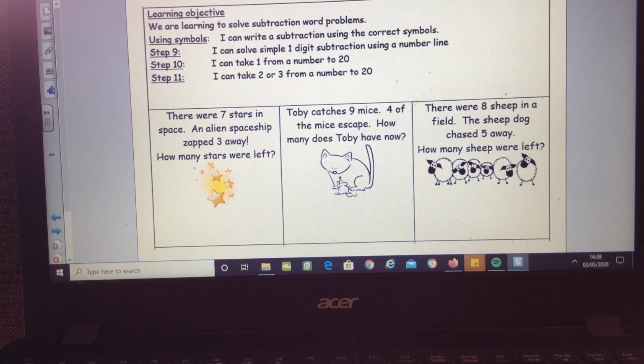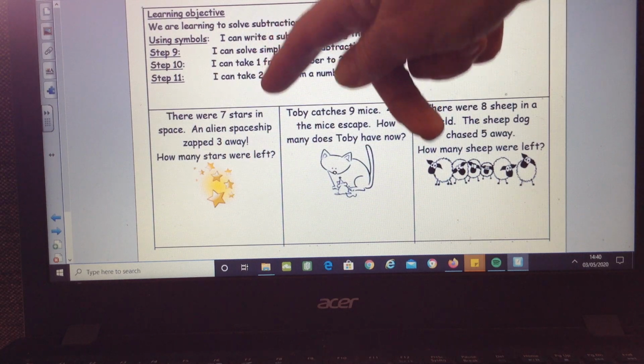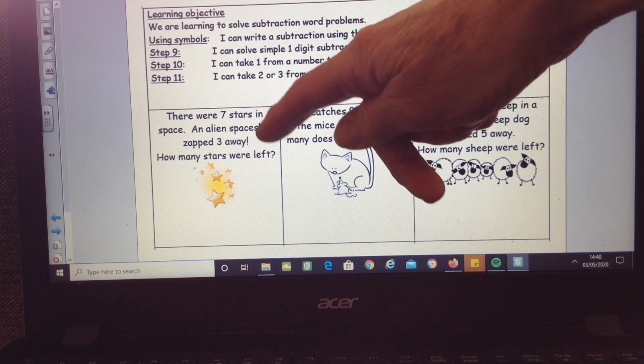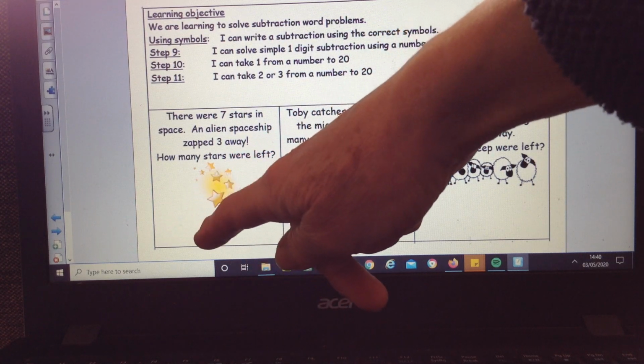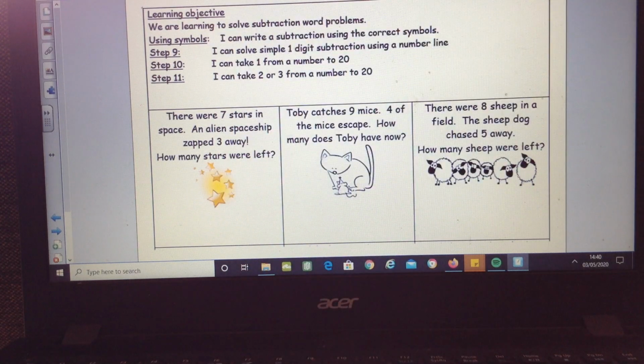Now on the website, I have got this sheet of number stories for you. I'll show you them briefly here, so you can either use them off the video or off the website. What you've got to do is read the number story, get a grown-up or a big brother or sister to help you read it, write out your subtraction here and your answer. You could draw each problem.